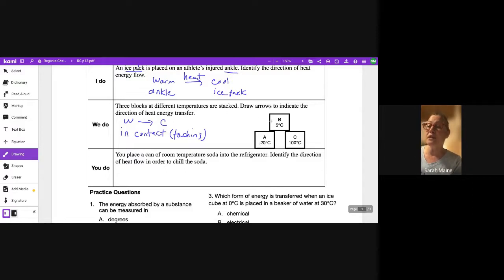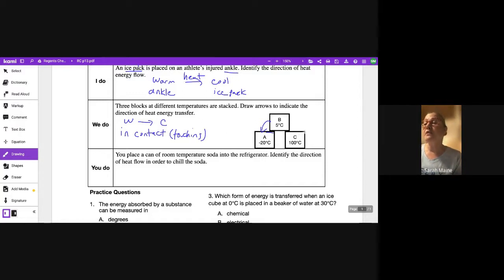So it's less than 0 degrees. So in this particular case, between these two blocks, heat leaves B and is given to A, since B is at a warmer temperature than A. Now, B is also in contact with block C. And when you look at their temperatures, block C's temperature, 100 degrees Celsius, is much warmer than block B's.